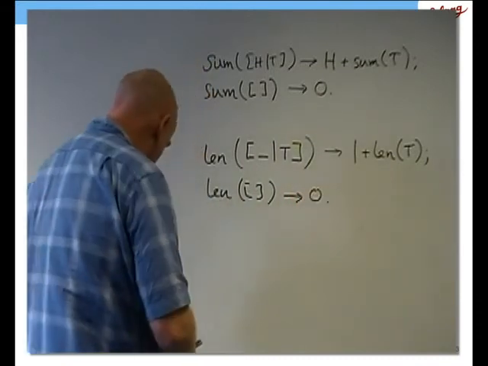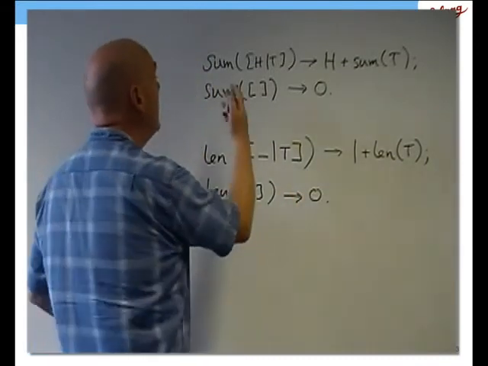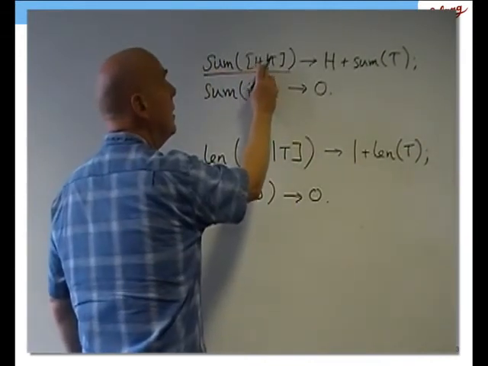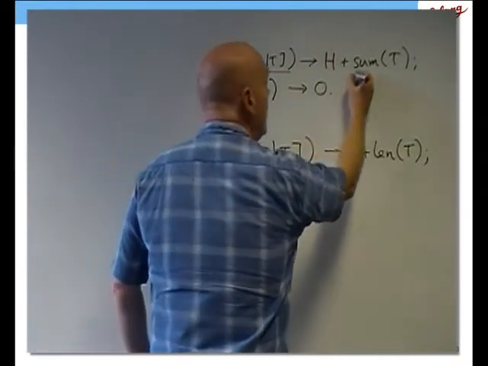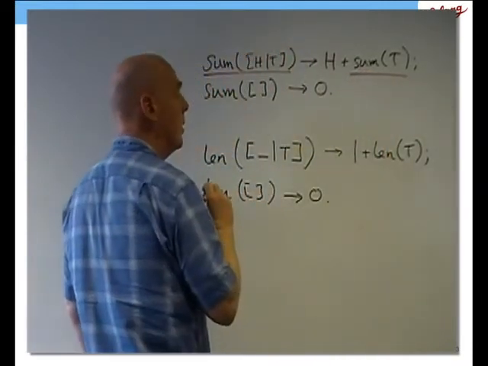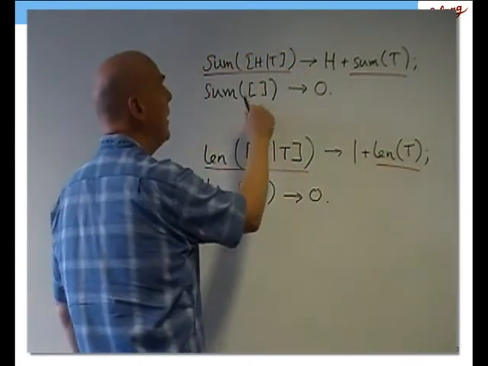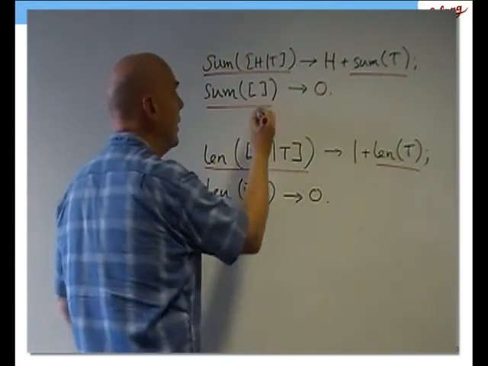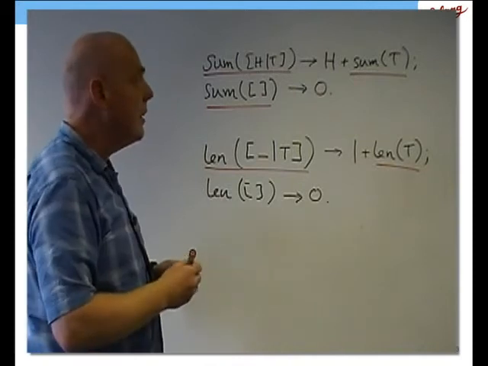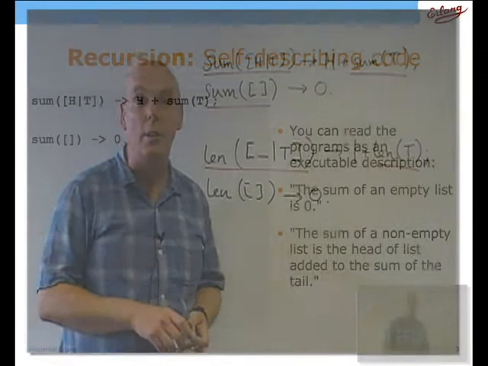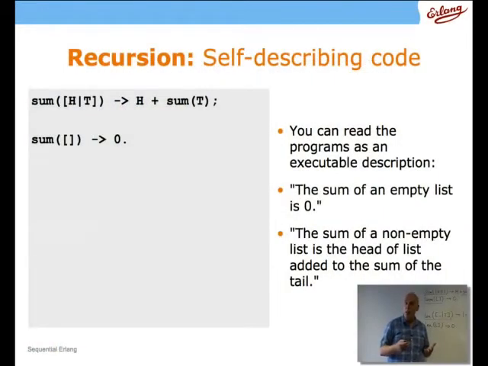And what you can see here is this pattern that you define the function over the head cons tail using the function on the tail. Exactly the same pattern there. And this thing is just defined directly. So this pattern of defining things mirrors the way that these functions are themselves created. So that gives us a recursive definition of sum and so on.